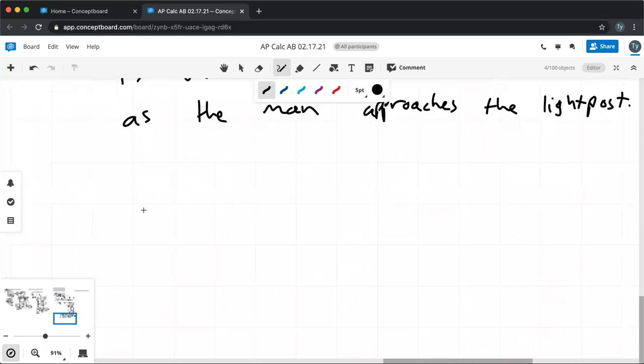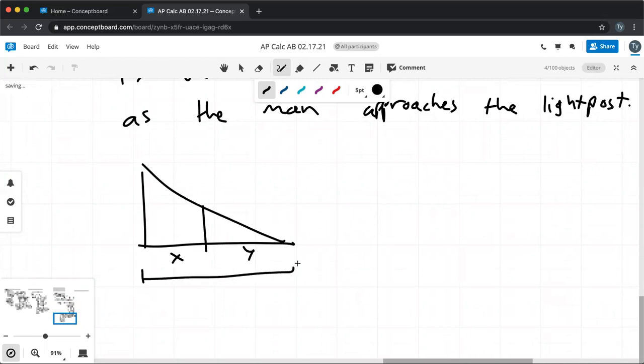Okay, so let me just quickly redraw this here. We had a man there. This was X, this was Y. Let's call this Z, which represents the distance from the tip of the shadow to the light post.